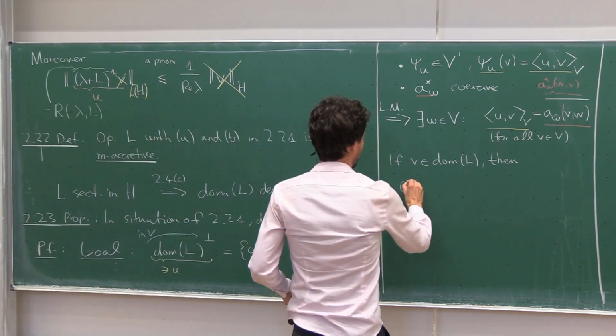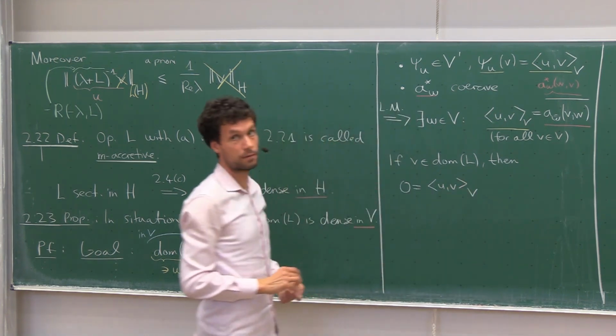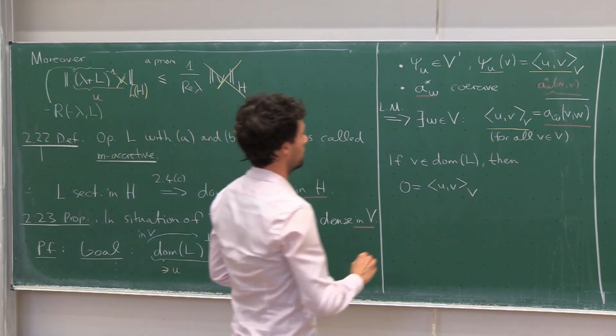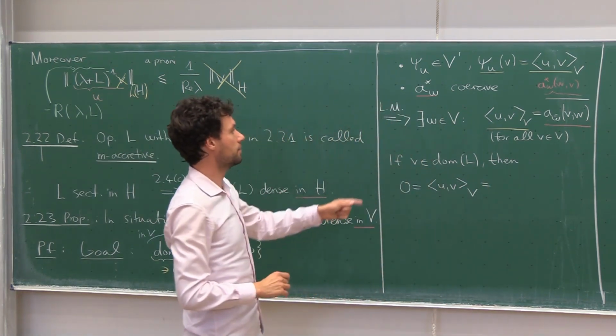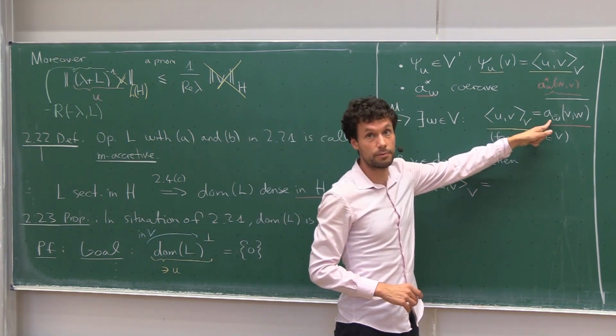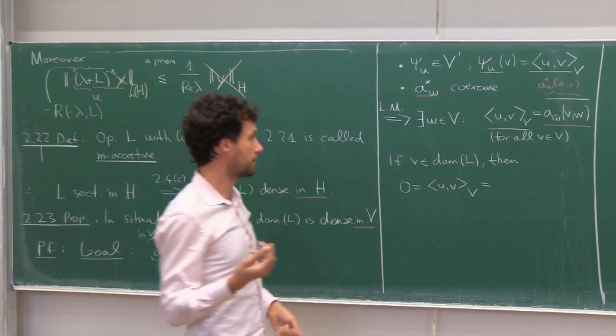Okay? Great. But also, if V is in the domain of L, it's also in the domain of L plus omega. And so this sesquilinear form can be represented through the H inner product.